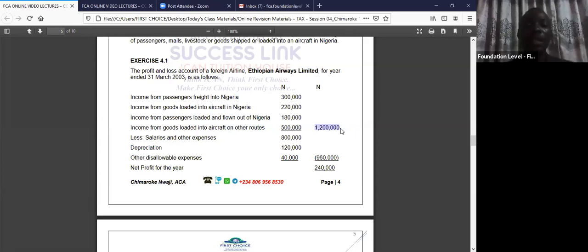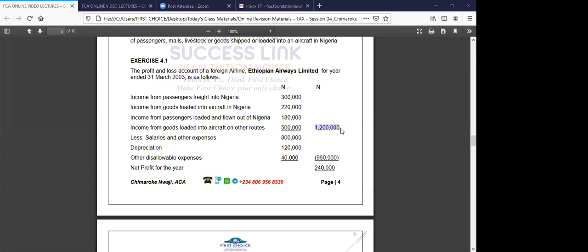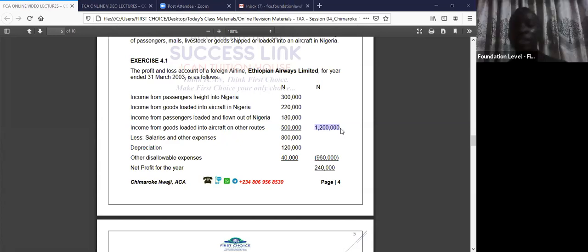Okay, now when you are going to be solving this, you'll be showing Nigerian income different from non-Nigerian income. Okay, now this is salaries and expenses. Of course, these are allowable.